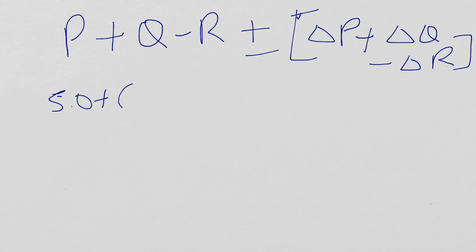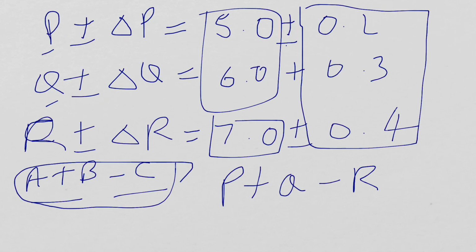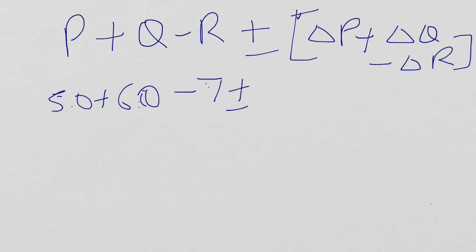So we will write 5.0 plus 6.0, and because it is minus, minus 7.0, then plus or minus the delta values: 0.2 plus 0.3 plus 0.4, all of this will get added. Delta P is 0.2, delta Q is 0.3, then delta R, I wrote it as minus, but it will be plus as always.